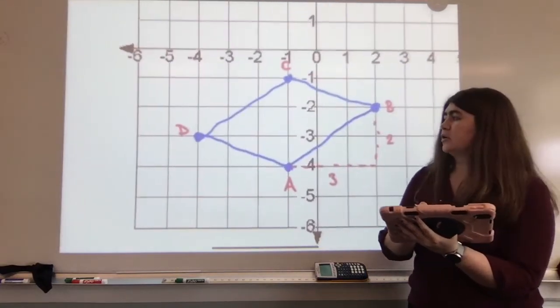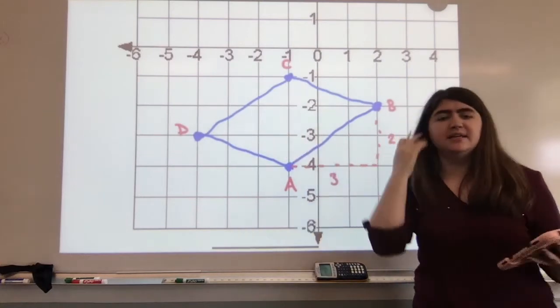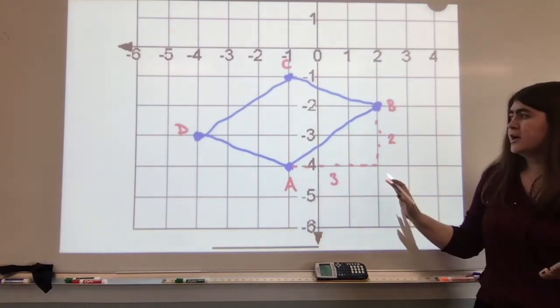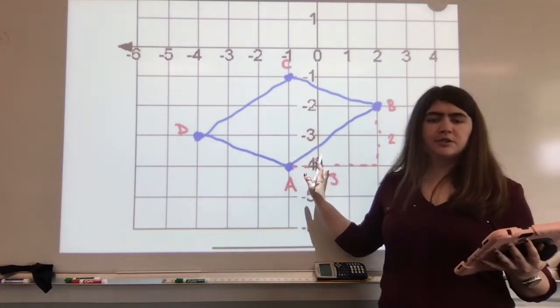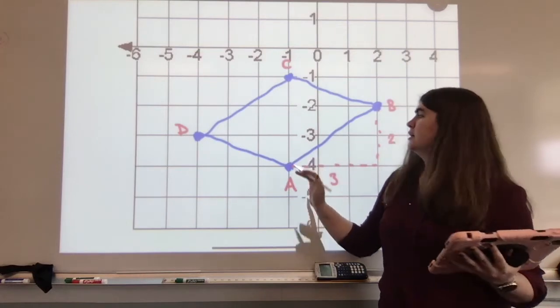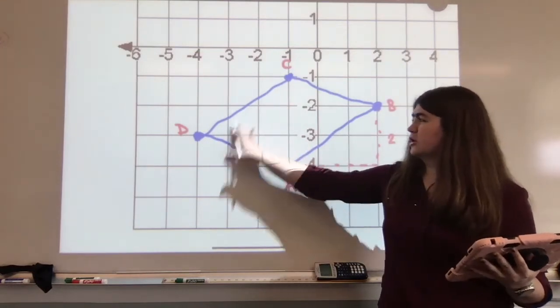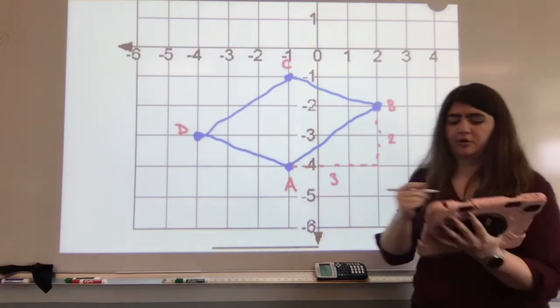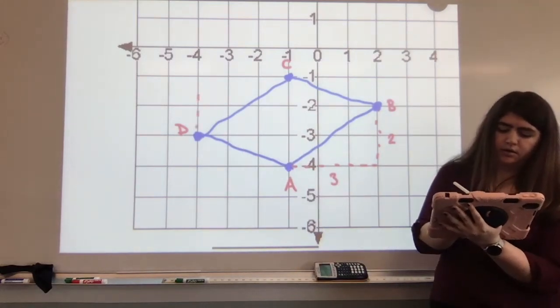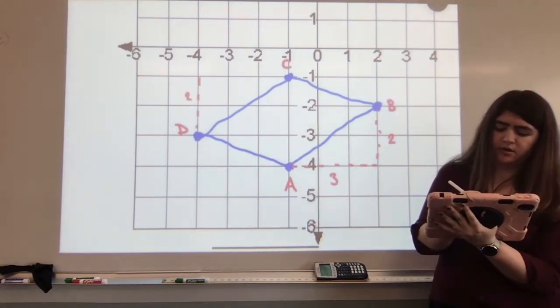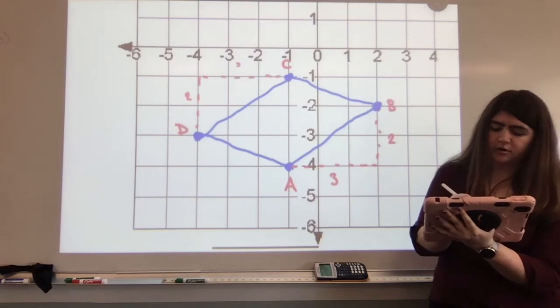Now I'm going to go across the way and do side CD next, because I'm pretty sure that these sides are congruent. I do know that they are parallel, but I'm going to check the length to make sure they are congruent. That's a horizontal distance of 2, a vertical distance of 3.